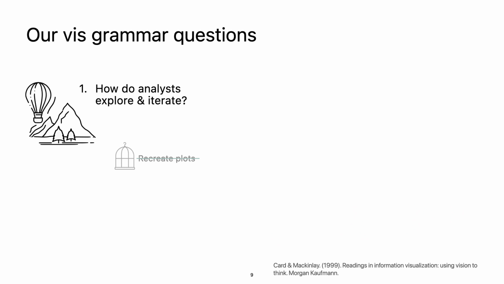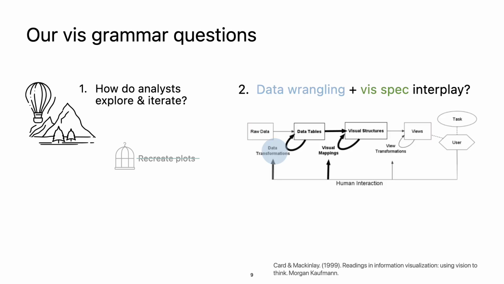Turns out in practice, however, we know little about how analysts use visualization grammars in their work, even though they should benefit from grammars being expressive, concise, and so on. Existing user studies may ask participants to recreate visualizations, but we haven't asked participants to explore and iterate like in real life. More specifically, we're lacking the context of analysis and workflow.